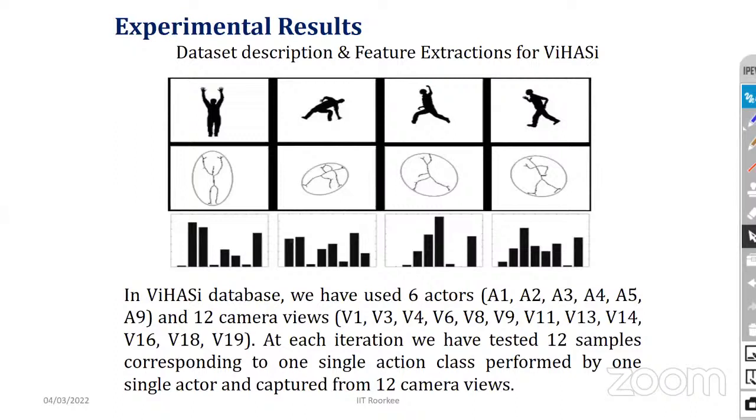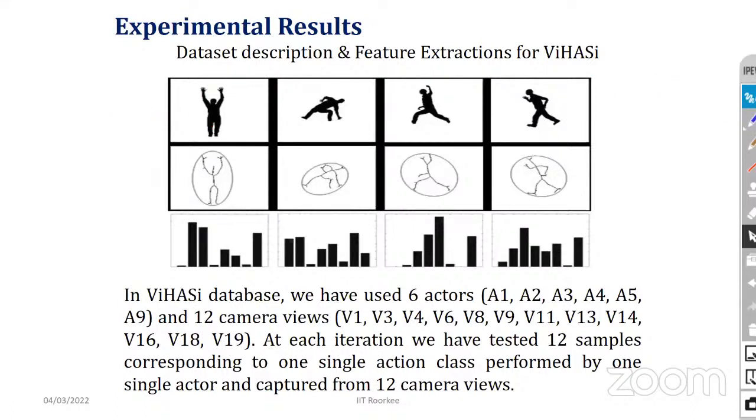When I go for the testing, experimentation, suppose these are all the actions. You're seeing running, walking, or 2-arm up, and finding out the corresponding skeleton. First you find out the silhouette, that is the binary image.